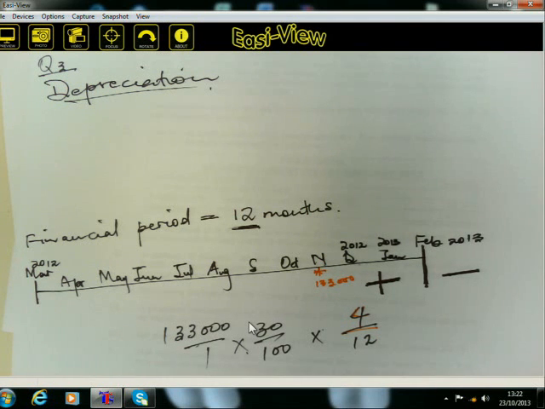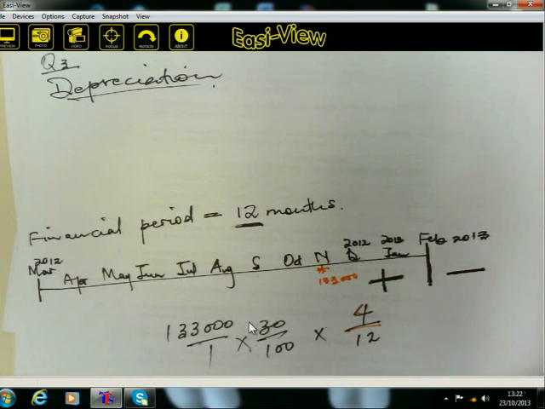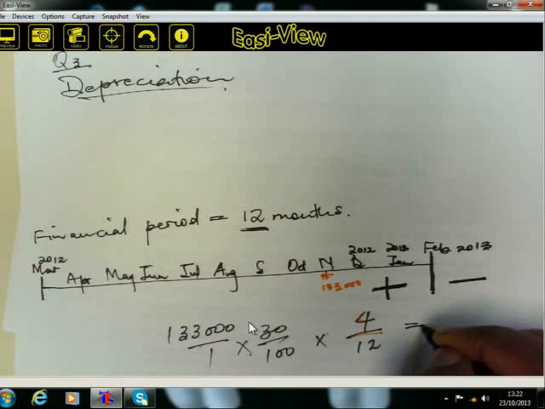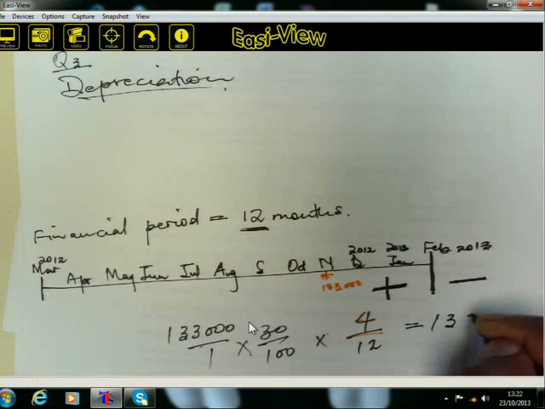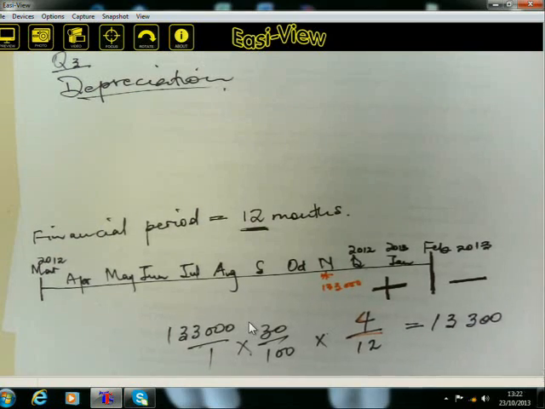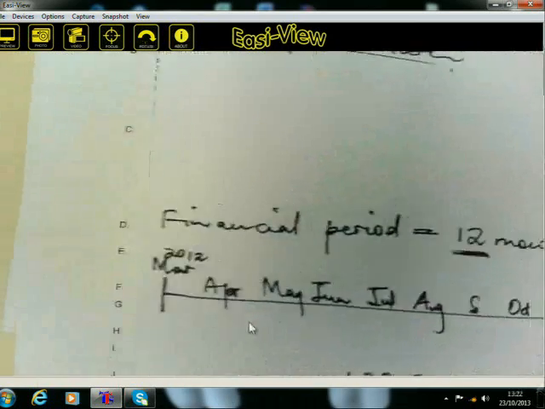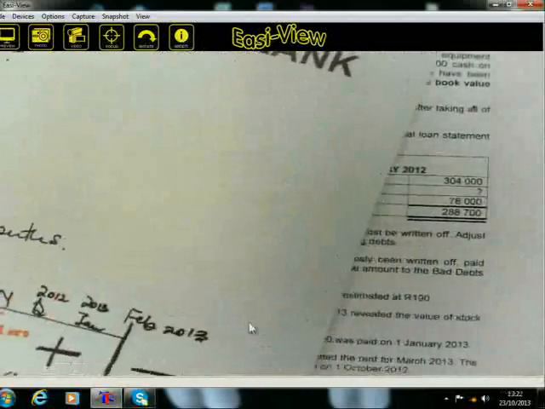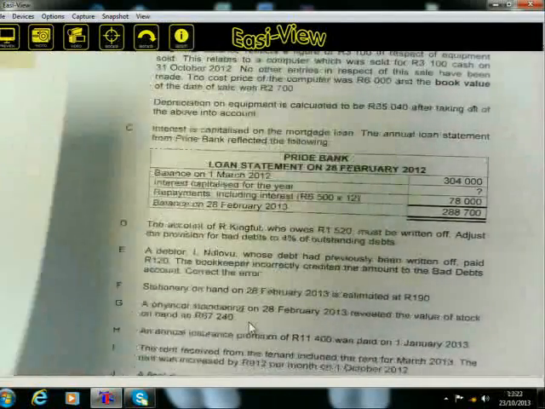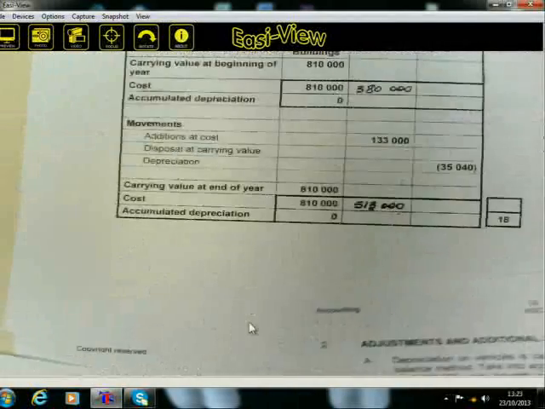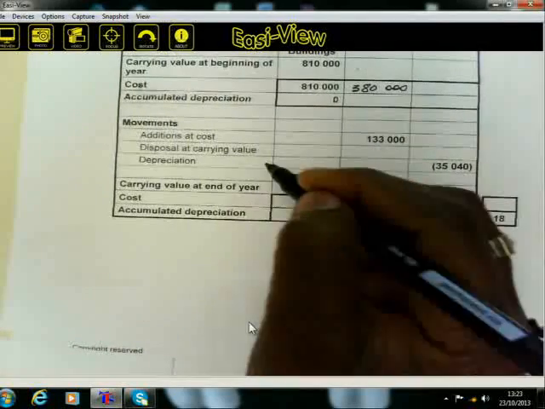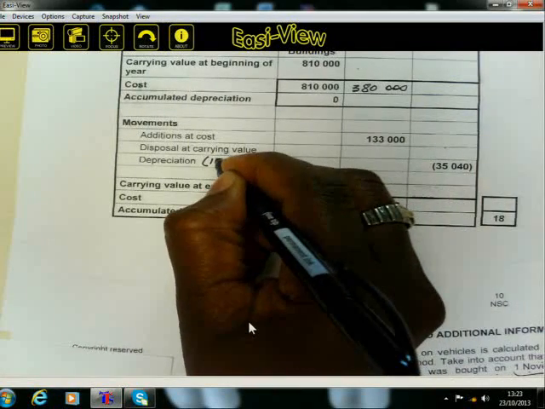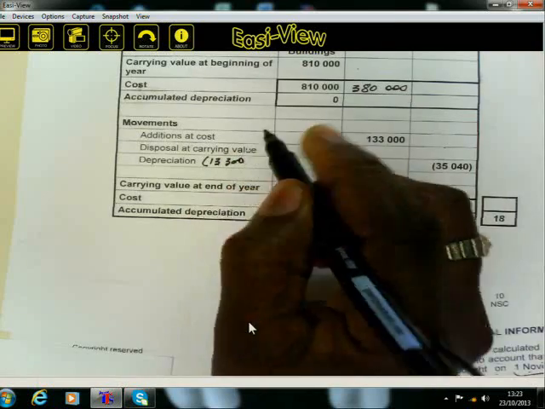So we multiply that by 30%, and then for the only 4 months that we have used the vehicle, according to the calculations, if I'm correct, I hope you are doing this with me, you'll correct me at the end, I find 13,300. The 13,300 will be part of the depreciation.